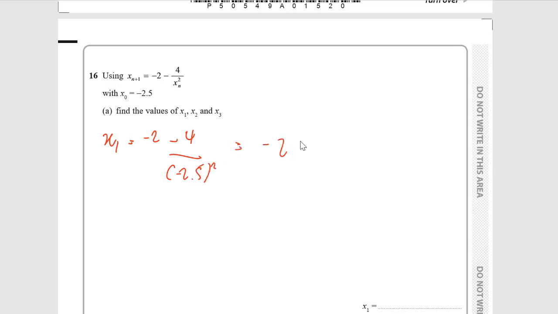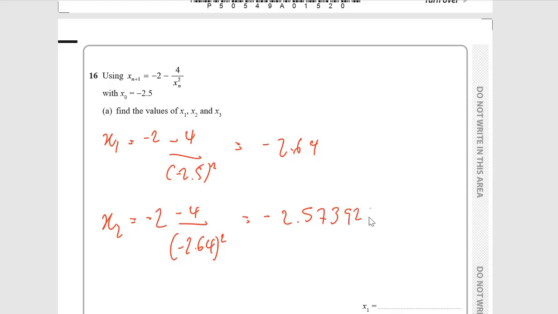Using a calculator, we get minus 2.64. So x2, it's just a case of subbing the numbers in and using the formula appropriately. Minus 2.64 squared, we get again minus 2.5739210028. Again, it's just using a calculator.